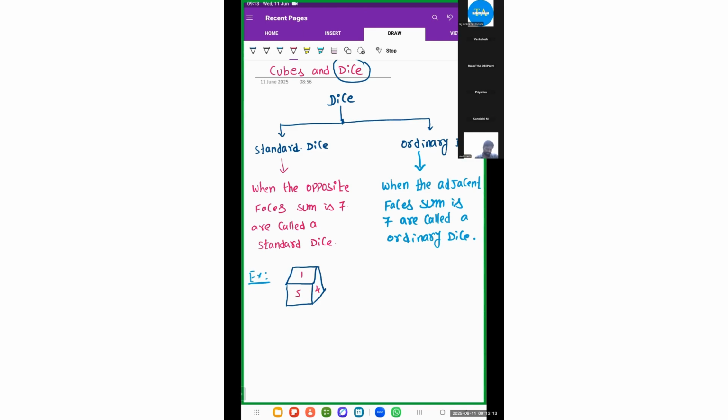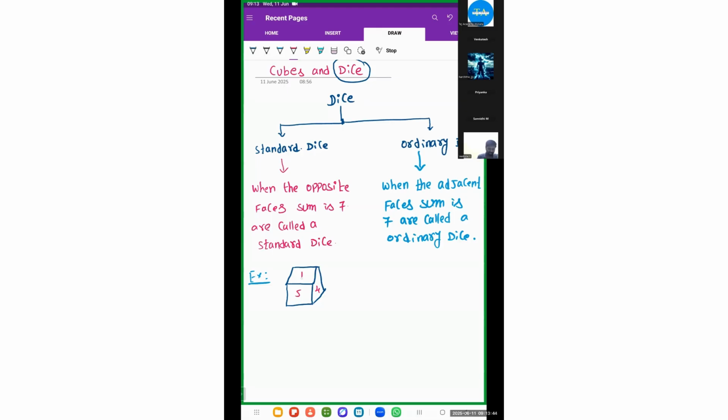If I see adjacent faces, will I get a sum of 7?